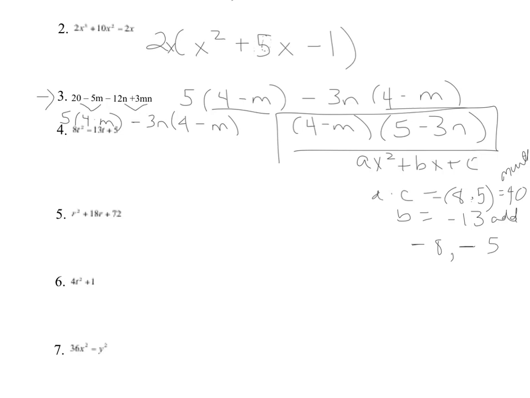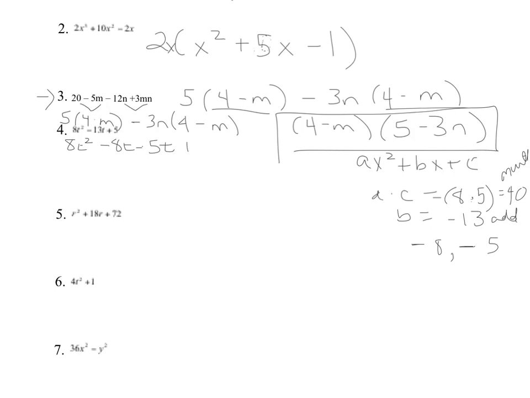Now, this pair that I just found is not what goes in the parentheses for factored form. Instead, it's the pair I need to rewrite the middle term, because I'm taking these 3 terms and turning them into 4 terms. So that means I'm going to replace the negative 13t in the middle with a minus 8t minus 5t.